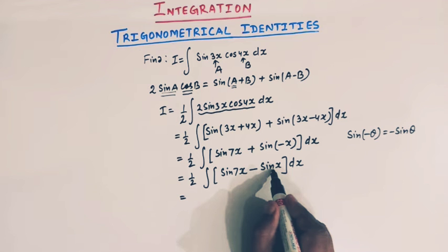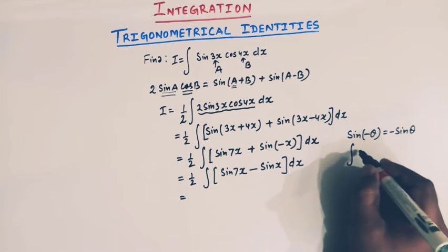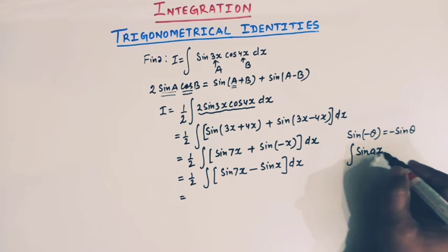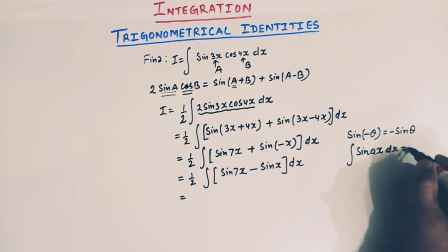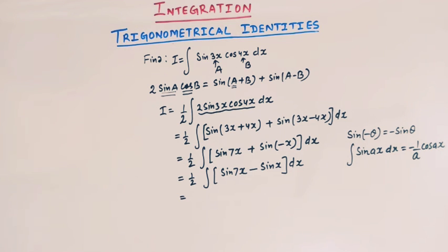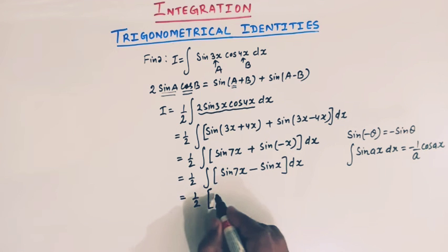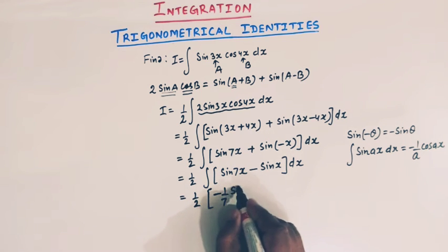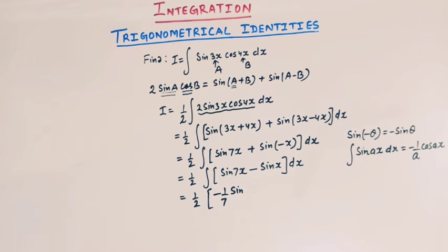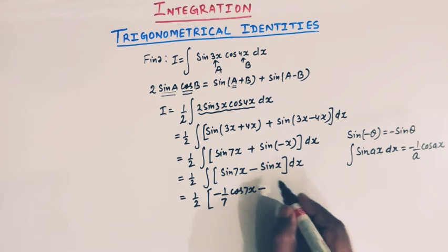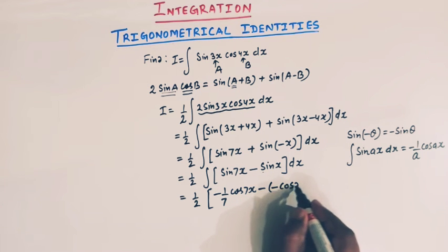Okay, so now here we have sine function, here also we have sine function, and we know that the integral of sine ax is minus 1 over a cos ax, right? So here we have half, then integral of sine 7x is minus 1 over 7 cos 7x, and then we have minus, and the integral of sine x is minus cos x, right?